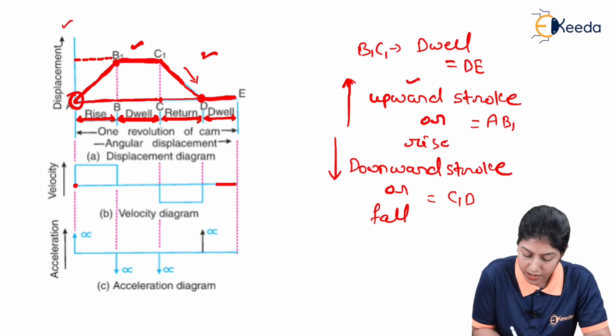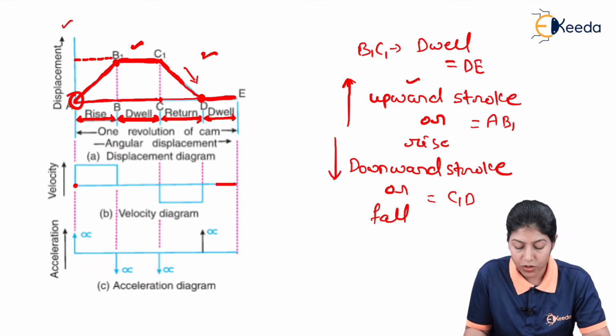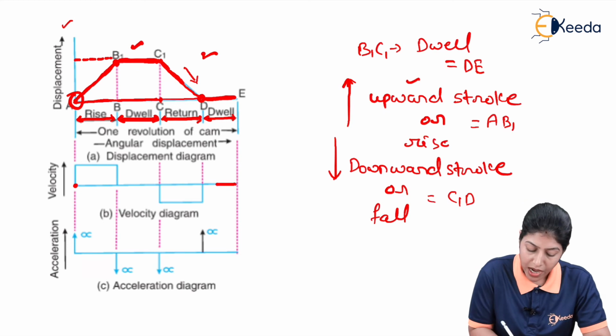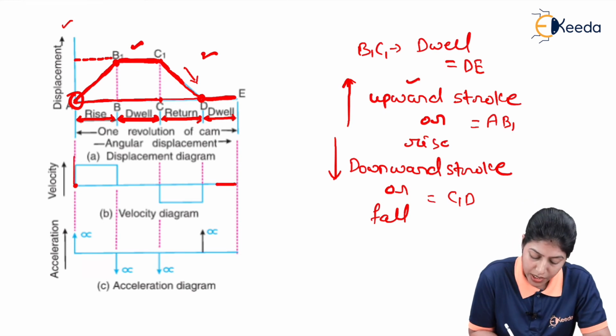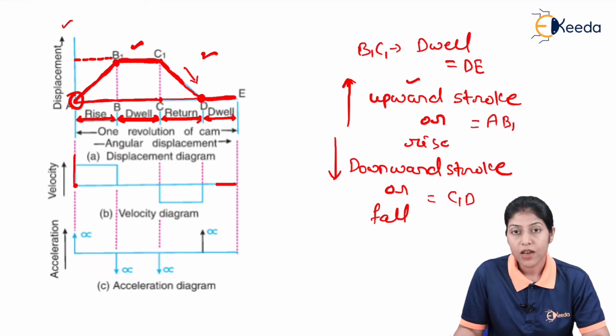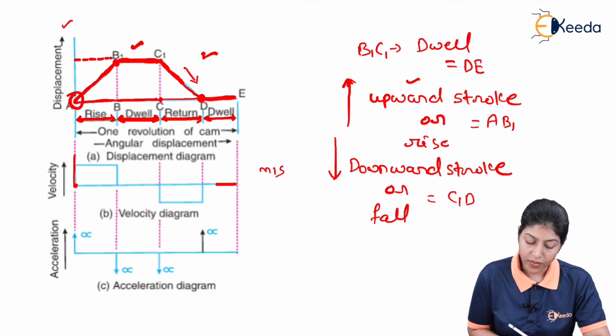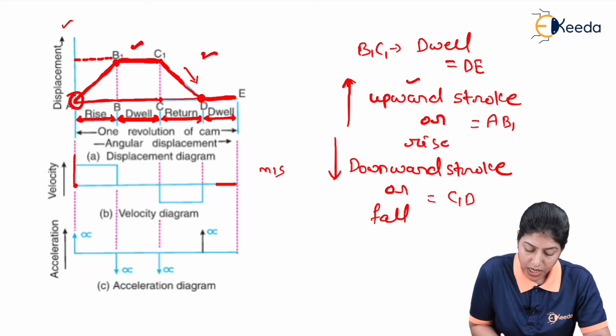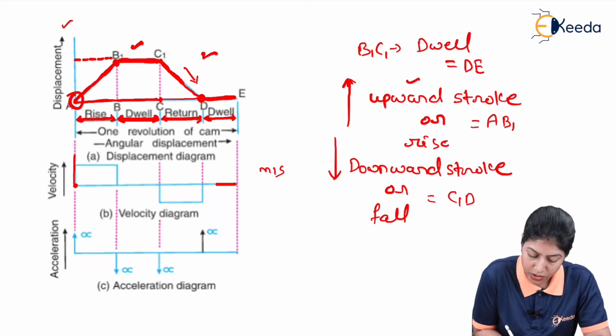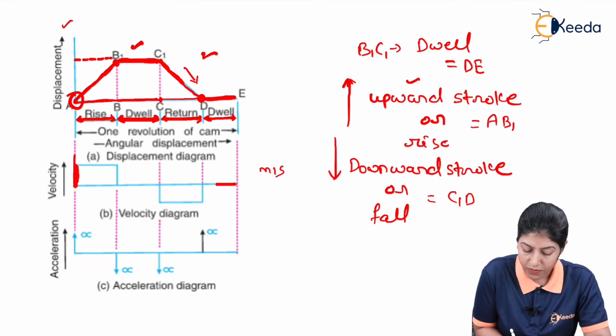This horizontal line is representing the time which is required to complete one revolution of the cam, and in the velocity diagram this vertical line is representing the velocity. We can define it in meters per second, that is, what distance we are considering per second for the follower.